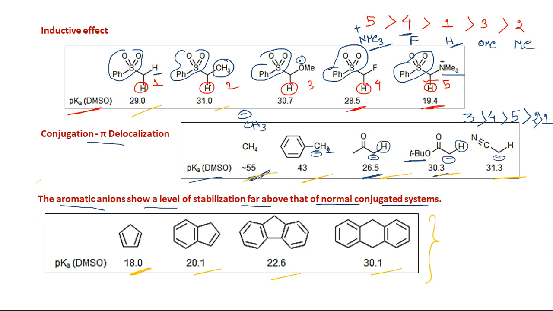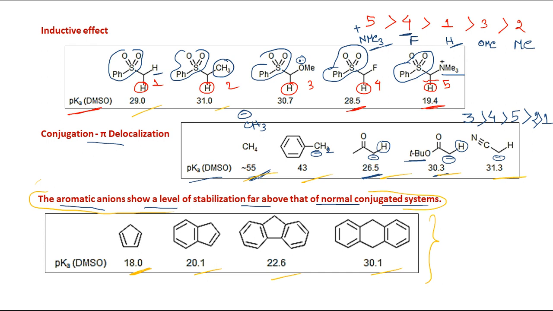This statement is basically trying to say that compared to all the previous carbanions you are seeing, when a carbanion gains some aromaticity after deprotonation, obviously it will show more stabilization. That is why we give more significance to the factor of whether the carbanion is aromatic or not.